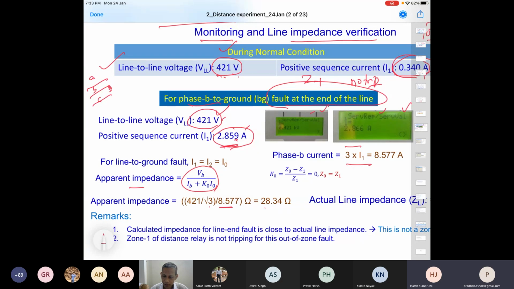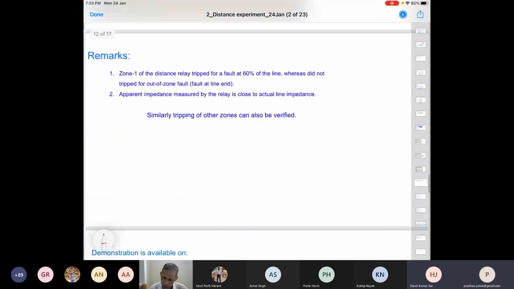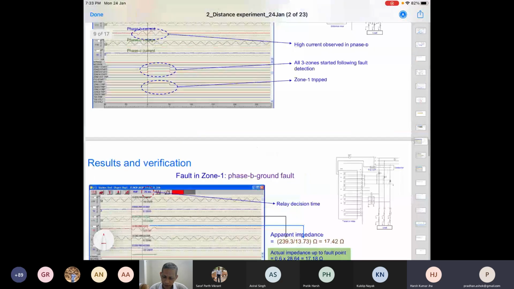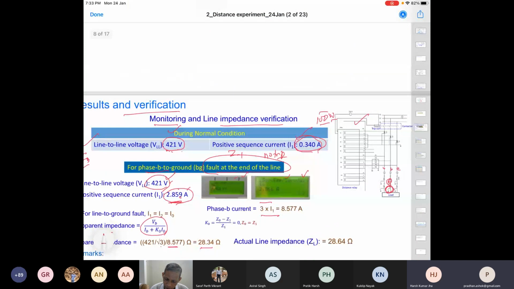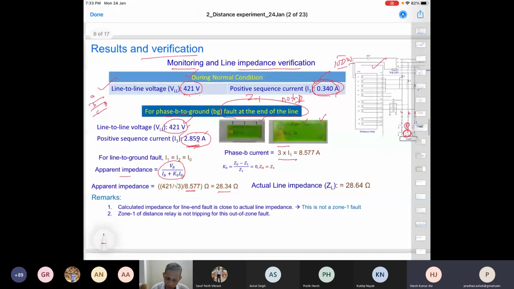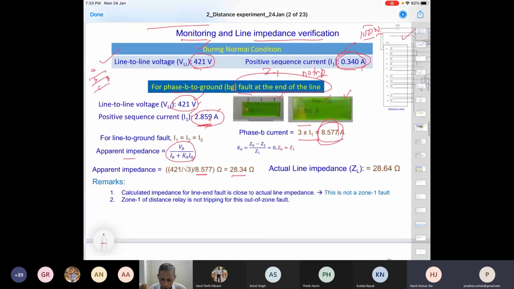Versus the normal time current of 0.3, the actual current in the fault from the relay data is 8.577 ampere. So a very large current happens in this case, but still the relay does not trip because of our setting.